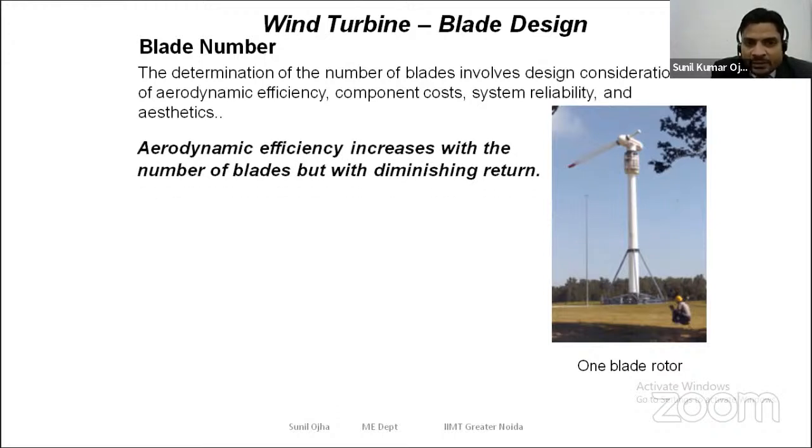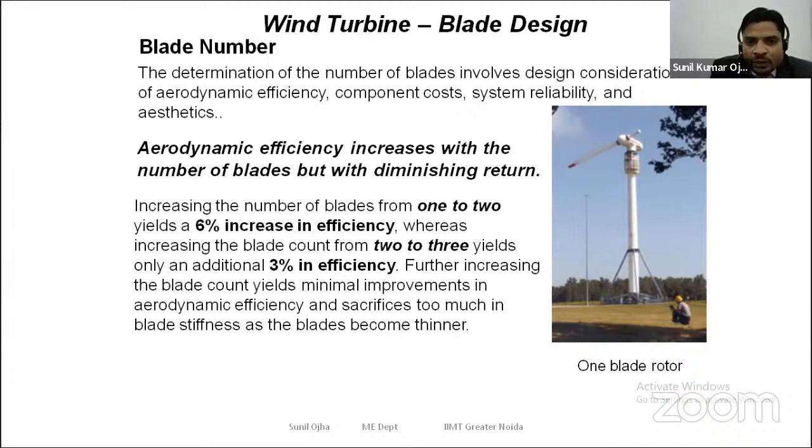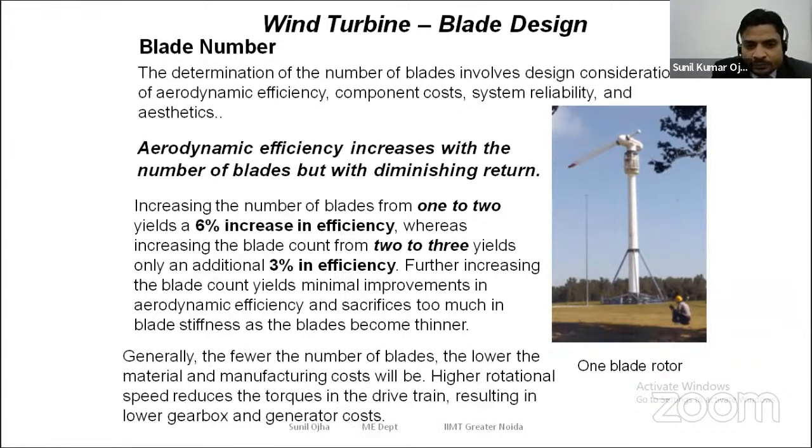The aerodynamic efficiency increases with the number of blades, but with diminishing returns. Going from one to two blades yields a 6% increase in efficiency, whereas going from two to three yields only an additional 3%. Further increasing the blade count yields minimal improvement in aerodynamic efficiency.